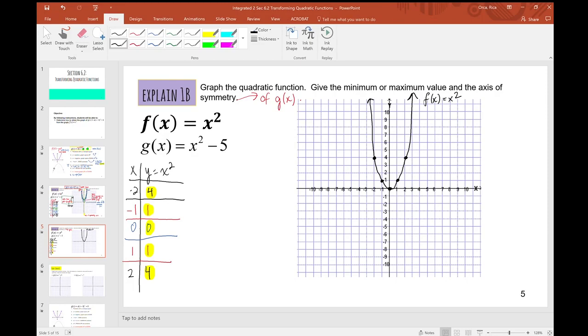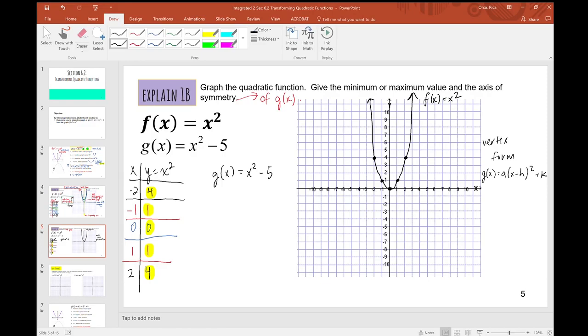Now we need to graph g of x, and g of x is equal to x squared minus 5. Let's rewrite g of x in vertex form. Vertex form class, it's g of x equals a times x minus h squared plus k.